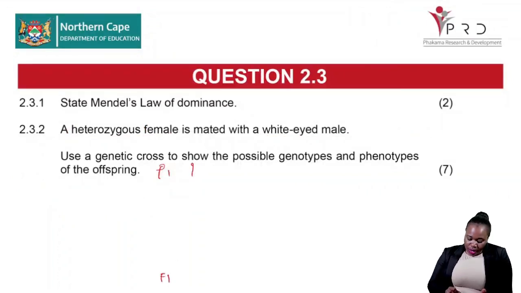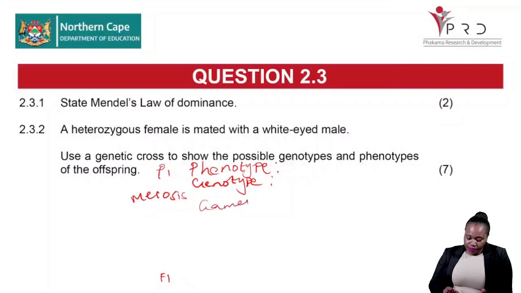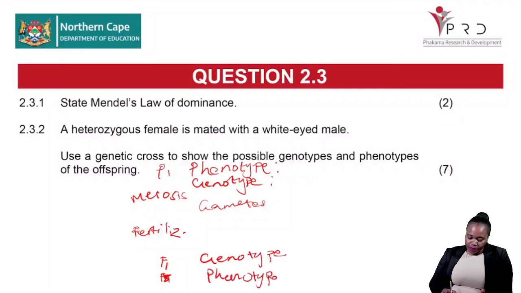And then with your P1, you have your phenotype, and then you have your genotype, and then you have meiosis, and then you have your gametes, and then you have fertilization, and then for your F1, let's just bring the F1 a bit up. You have your genotype again for the F1, and you have the phenotype for the F1.